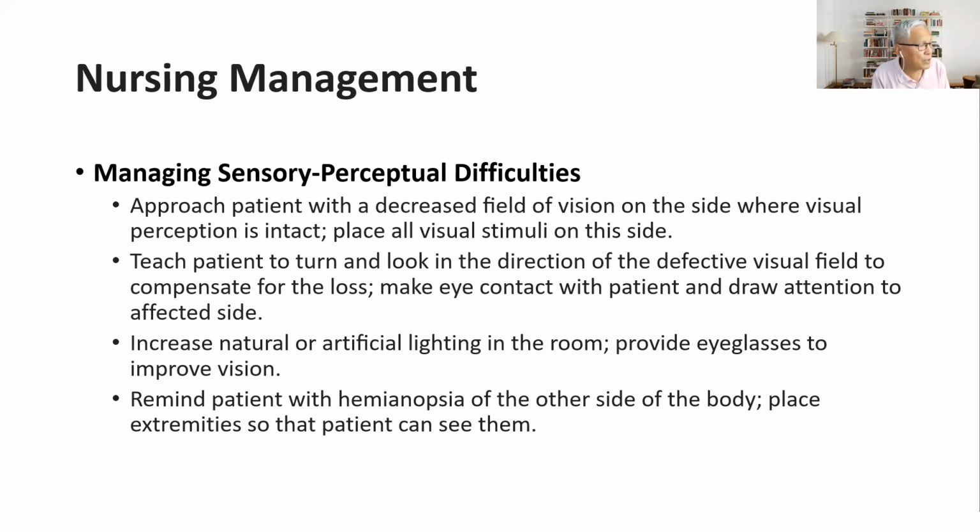And we need to teach the patient to look around and turn in the direction of the defective visual field. And make sure that there's good lighting, and remind patients with hemianopsia of the other side of the body, because they usually are going to forget that that part of their body exists.